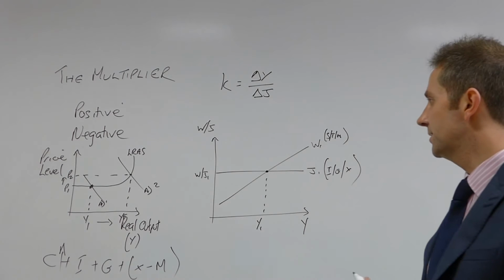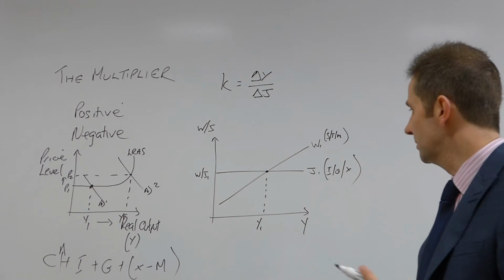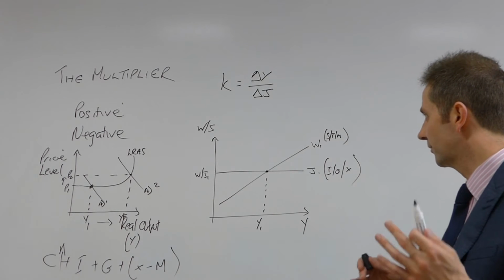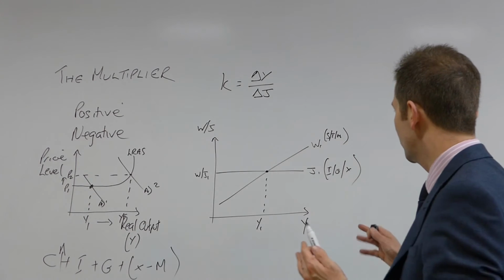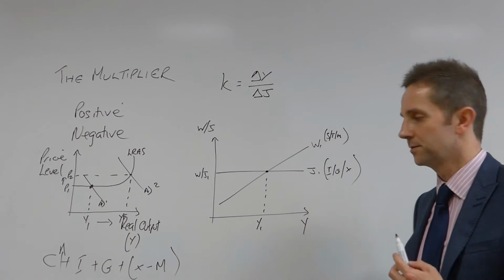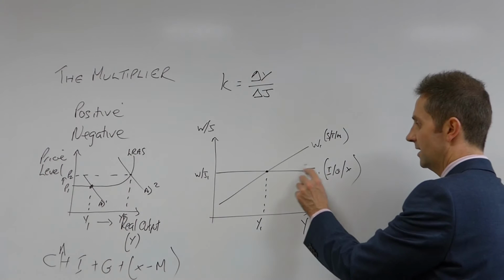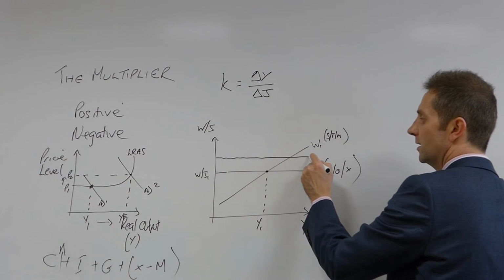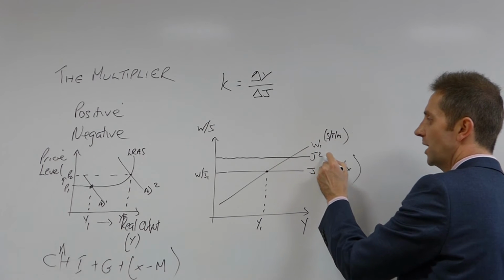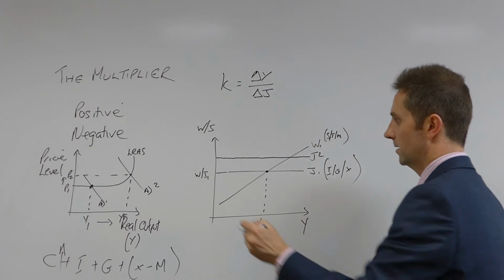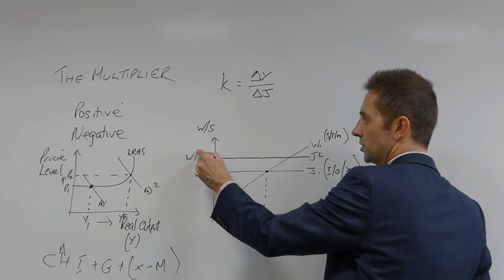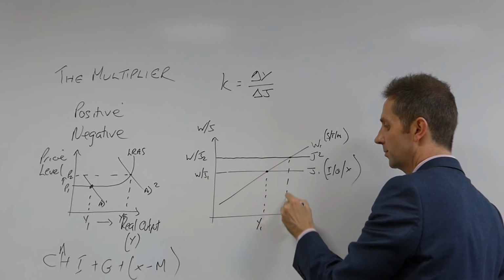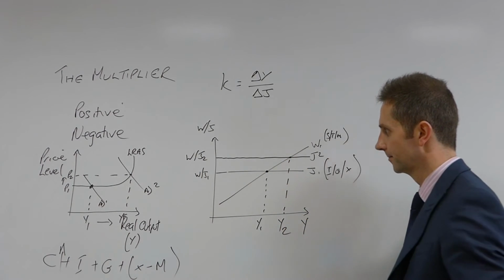So in this very simple example, let's say for example we have an increase in investment by firms. So that's an injection obviously, and so the investment schedule will shift upwards from J1 to J2. So we've got W and J2 here, we've got a new equilibrium here at Y2.